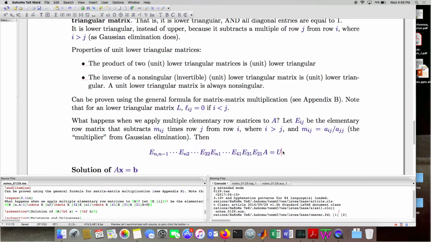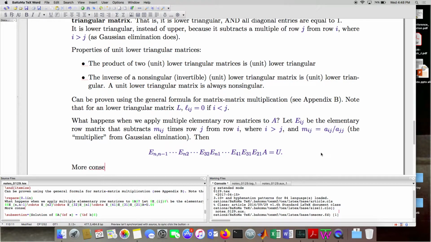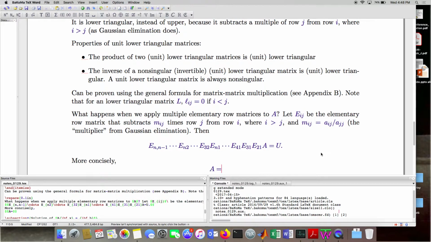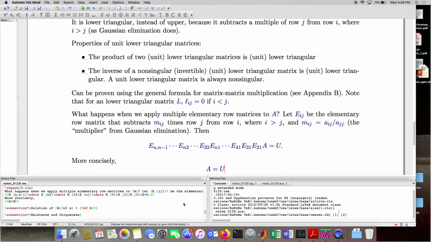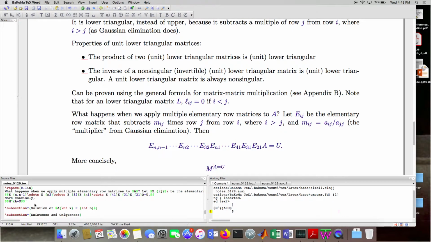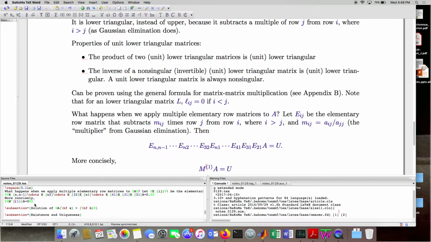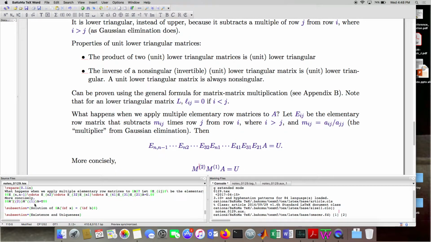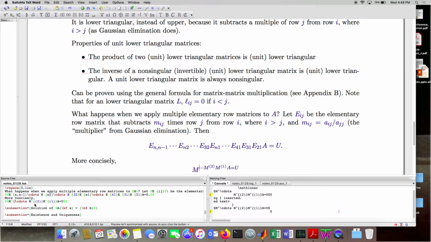So more concisely, instead of describing this in terms of individual row operations, what if we take this a column at a time? So I have M1, M2, and so on, all the way to M(n-1).